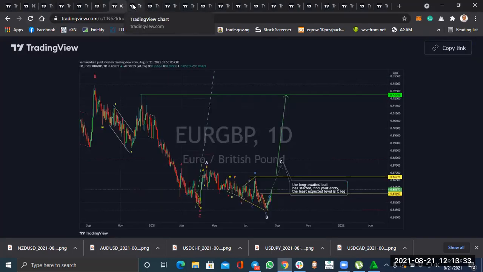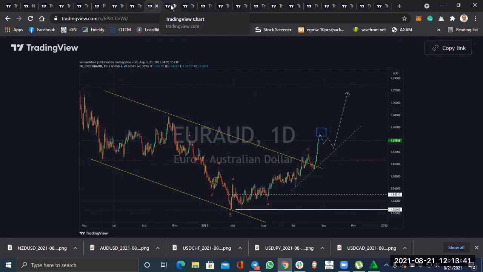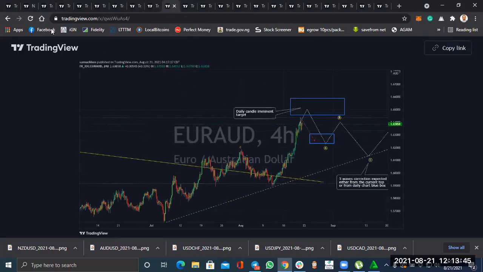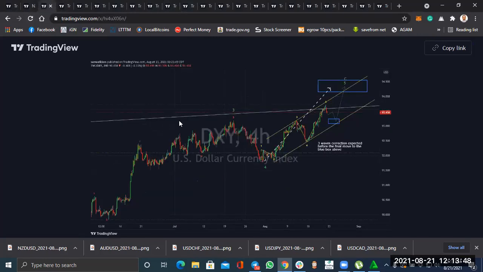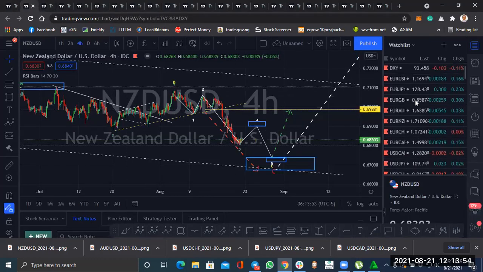If you want the charts in pictures, you can join our Telegram channel and you get them free of charge. All these are the charts we are going to explain, but maybe I have to combine them with live charts because they don't display in bold. Let me go to DXY in live charts.